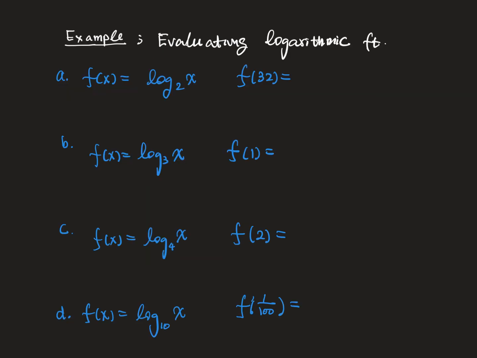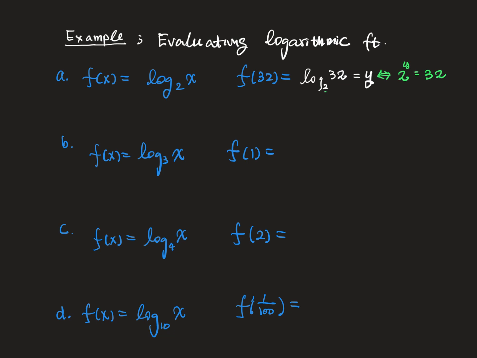Let's evaluate log functions here. So f of x equals log base 2 of x, and we want to calculate log base 2 of 32. How are we going to evaluate this? By the definition, we set this equal to y, that's the logarithmic form, then change it to exponential form: 2 to the y equals 32.